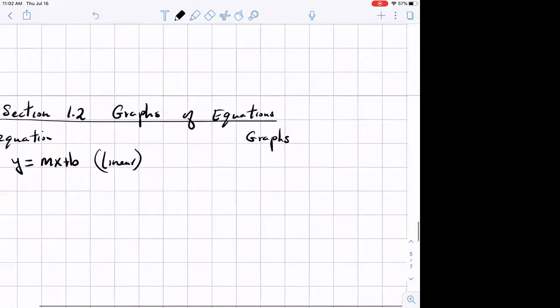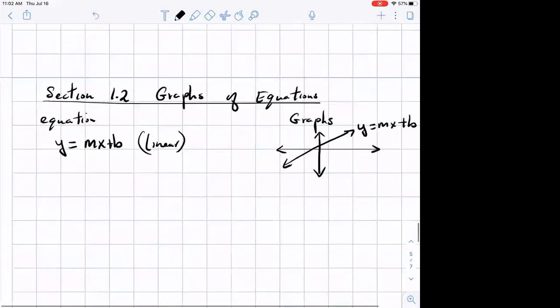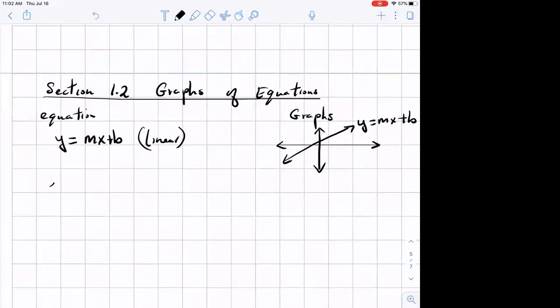And the graph of a linear equation is basically a straight line. This is y equal mx plus b. Now, for an example here, y is equal to 3x plus 4.